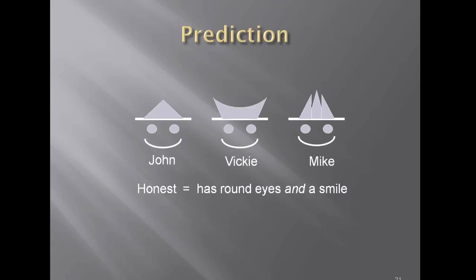Data mining will be able to predict for us, based on us knowing that these three people are honest, predictive data analysis will go and take a look at the unique characteristics of these three people. So we see that all three people, although they have different hats, they all have round eyes and a smile.